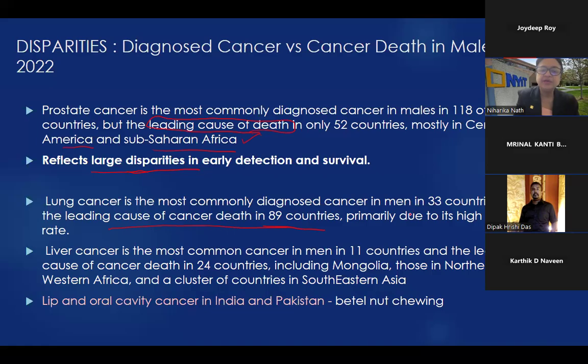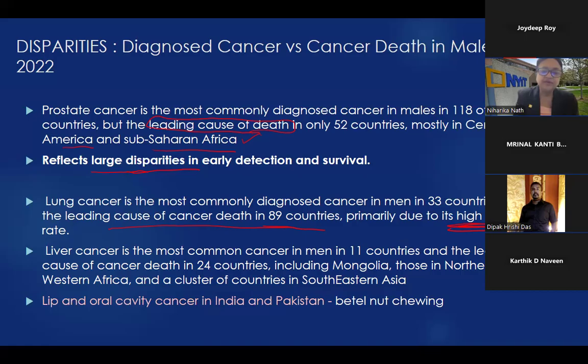That means in the Western world, if it's diagnosed, they survive better. But in other places of the world, they just die. Secondly, it has a high fatality rate. Lung cancer is just hard to survive, but still they do better in Western countries.